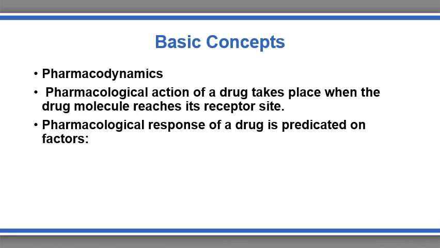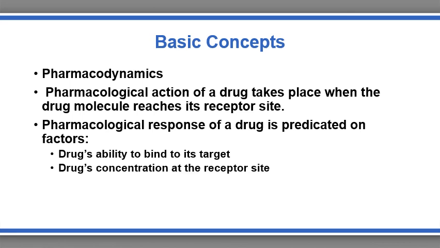The response to the drug is going to be based on two different factors. One is the drug's ability to bind to its target. The chemical composition of drugs is such that they have a receptor or target that they are matched with. So that's the first step. The second is the drug's concentration at the receptor site.